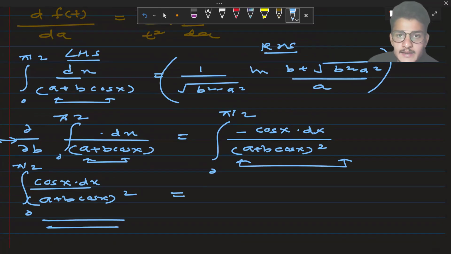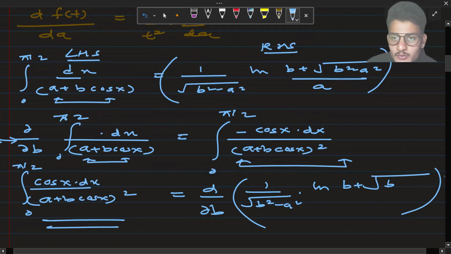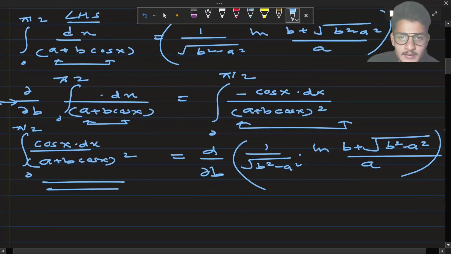When we differentiate the RHS, d by db of 1 by root over b square minus a square into ln b plus root over b square minus a square upon a, this will be equal to what?